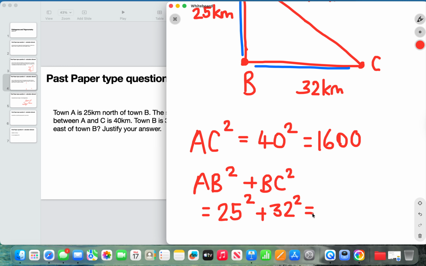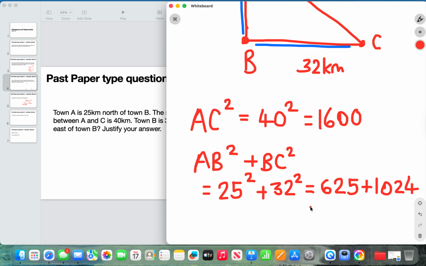Plugging them into the calculator, you get 25 squared is 625, sorry. And 32 squared is 1,024. And if you add them, you then get 1,649.